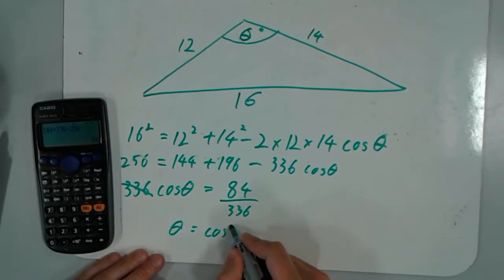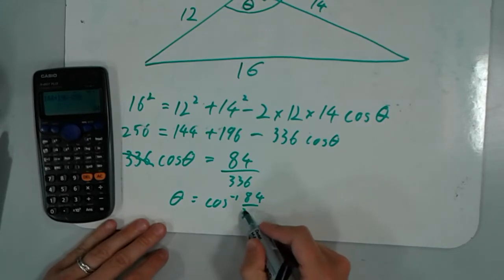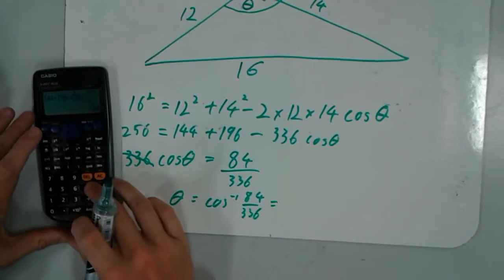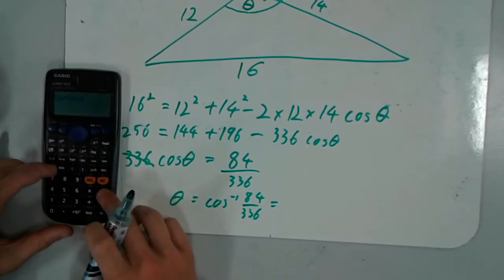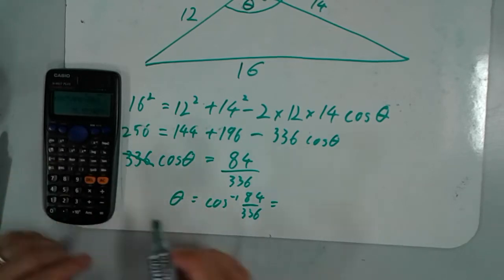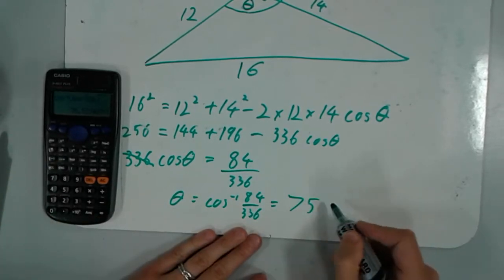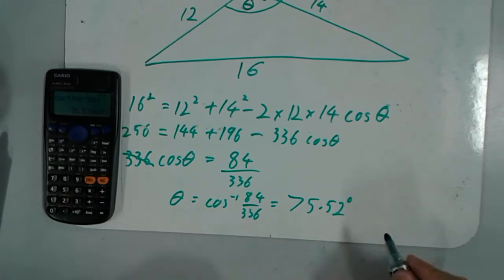Theta is going to equal inverse cos of that. So if I do inverse cos of our answer divided by 336, I get an angle of 75.52 degrees. We've found our unknown angle.